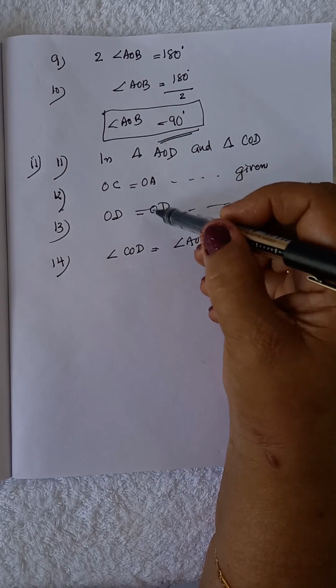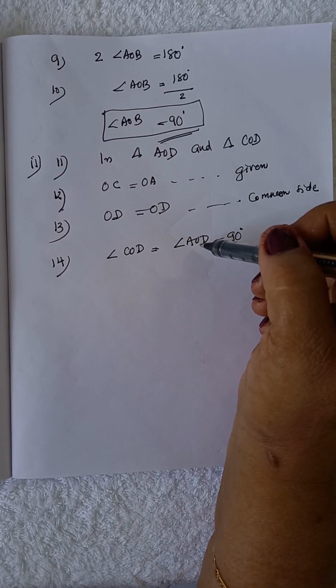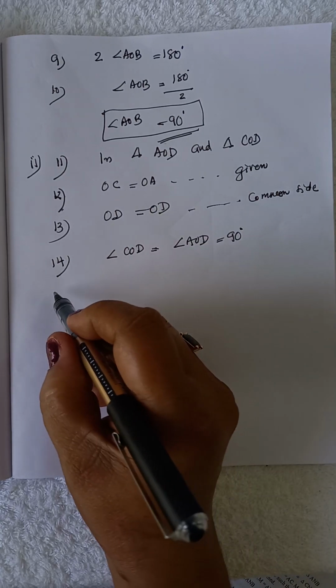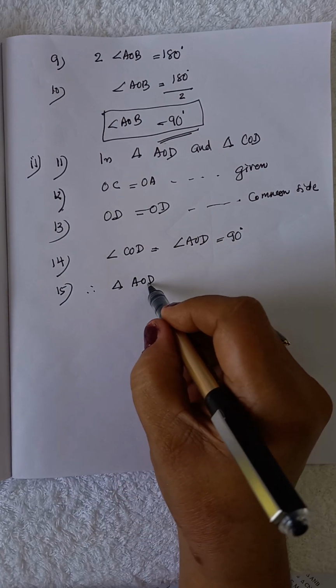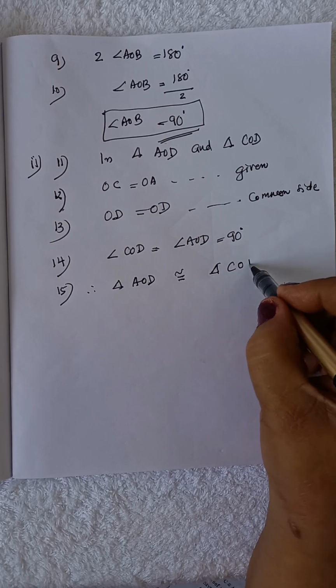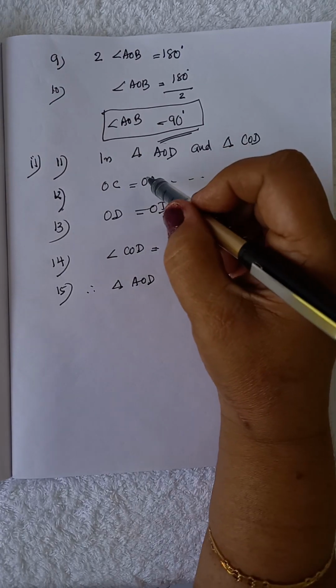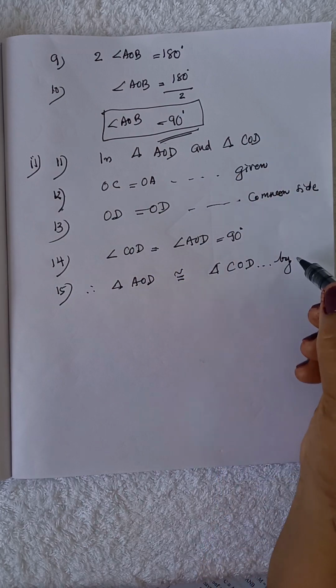So the three parts we got as equal in the case of the triangles AOD and triangle COD. So we can write 15th point as, therefore triangle AOD is congruent to triangle COD by this is side and this angle. So SAS is the test.